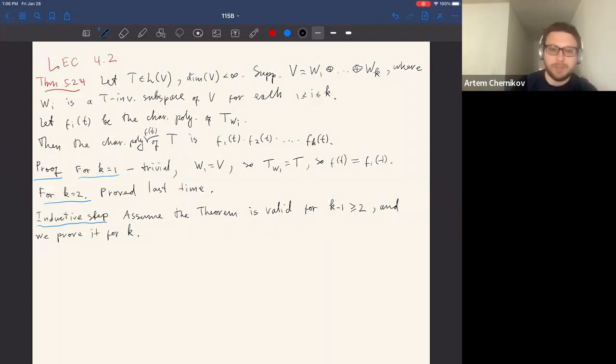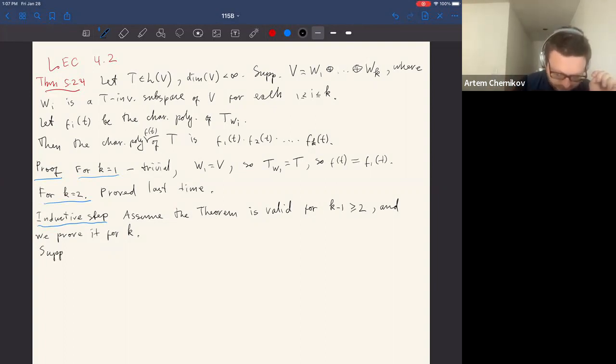So let's show this. The idea is to use the case k equal 2. We want to split the case for k into two parts. Somehow we want to use the case k minus 1, and we want to use the case 2. So the idea is to split into these two.